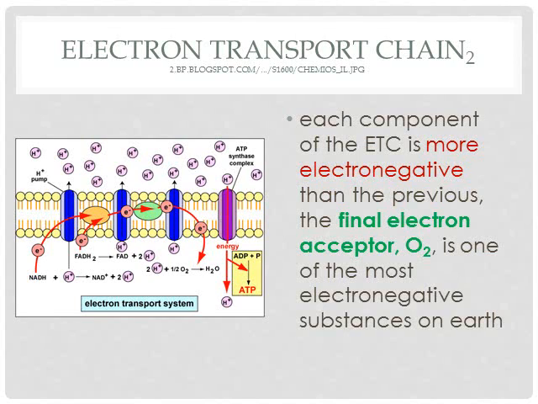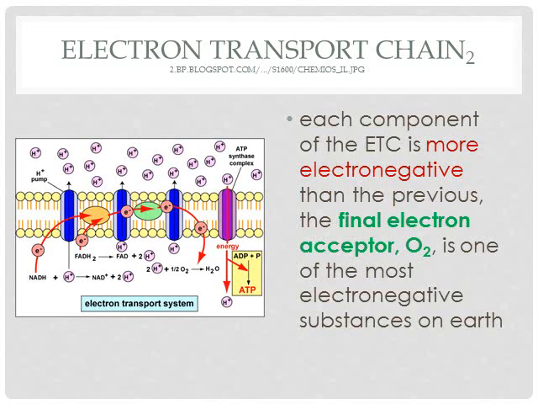And our final electron acceptor, and the first time that we've actually talked about oxygen, even though we're talking about cellular respiration here, oxygen is actually our final electron acceptor. So it is the most electronegative compared to the components of the electron transport chain. And we are going to be dumping our electrons ultimately onto oxygen, and then we're going to form water from that, and that's going to be given off as a waste product.